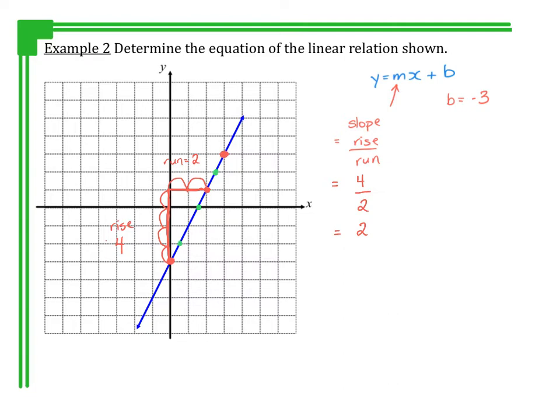So what I want you to do is pause the video right now, and determine the slope of the line that goes from this yellow dot here to this yellow dot here. They're both points that are on the line, okay? Go ahead right now and find the slope.